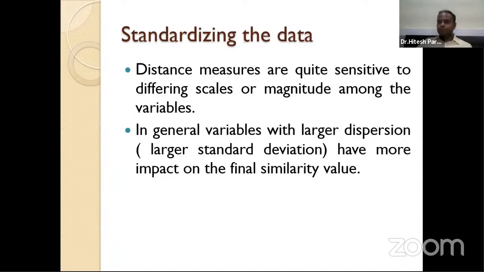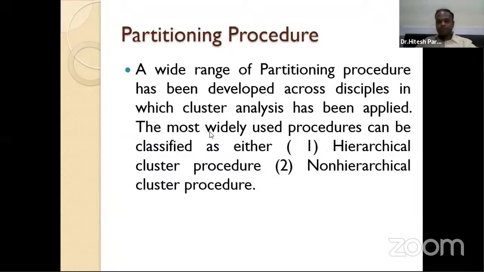This is my recommendation, that you should always prefer the distance measure as compared to the correlation approach, whether the data is continuous data or 5-point scale data, whatever the data are, but always prefer distance metrics. So if different types of scales have been used, then you need to tick standardizing the data.